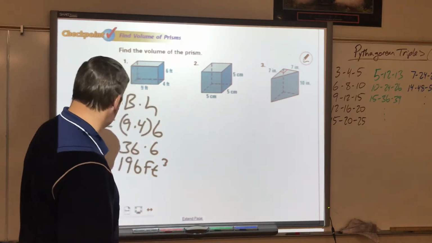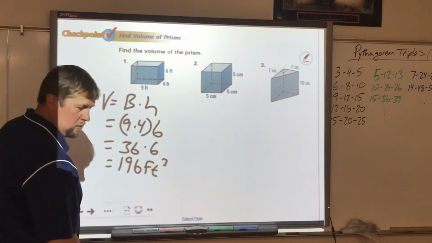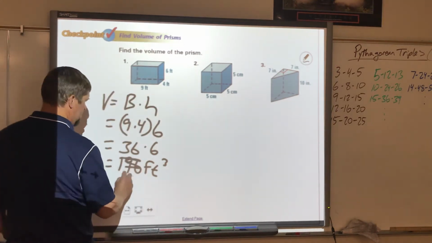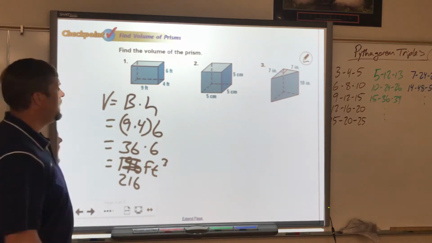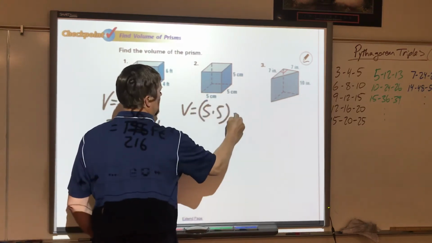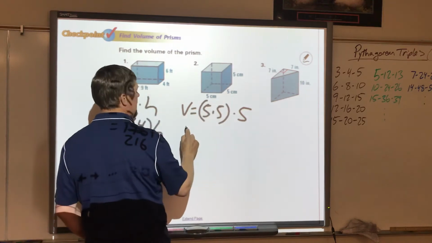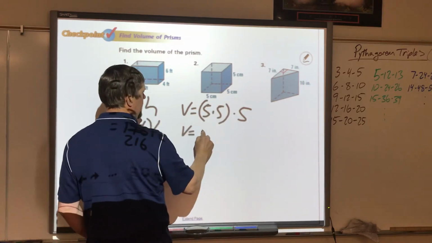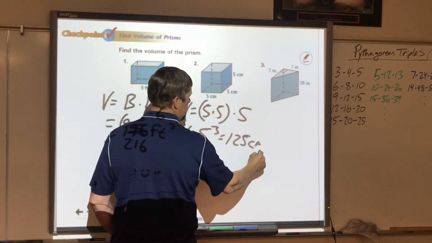Oh, did I do that right? 216. I must have calculated in my head wrong. 216. This one, the volume is 5 times 5 times 5, because the area of the base is 5 times 5, but then you multiply it times the height, which is 5. So the volume is 5 cubed, or 125 centimeters cubed.